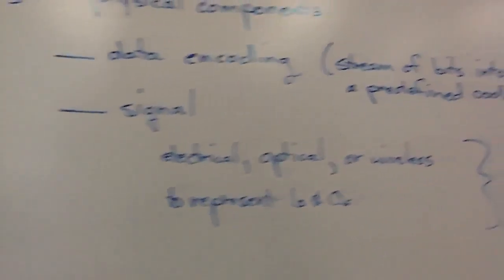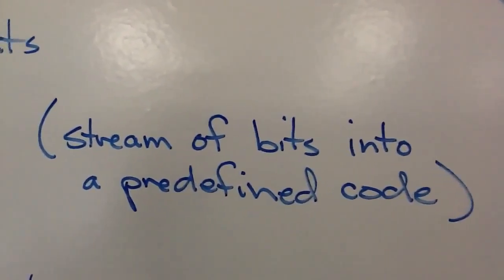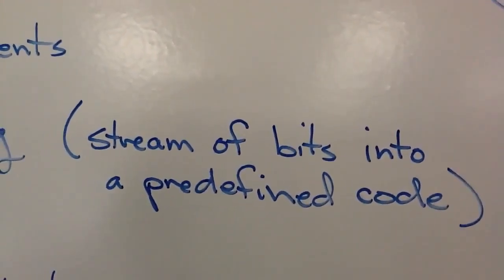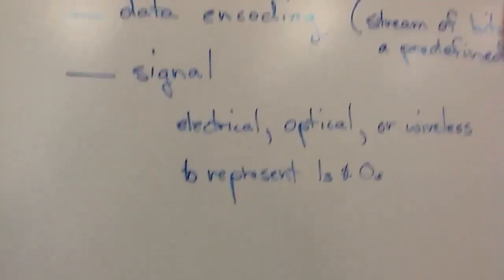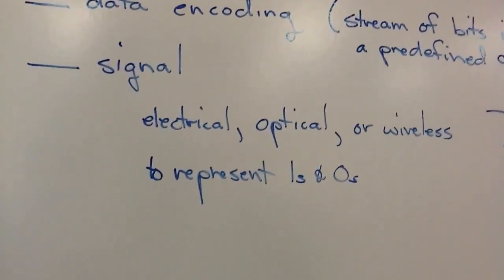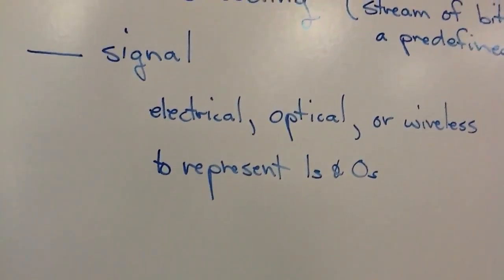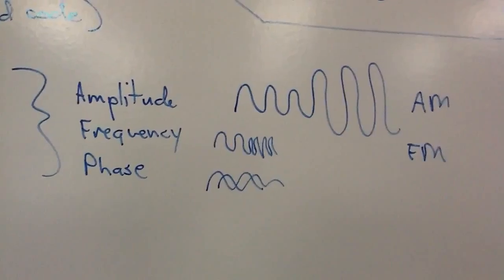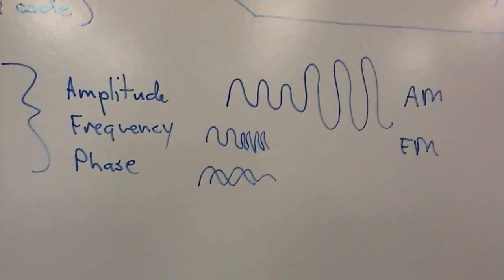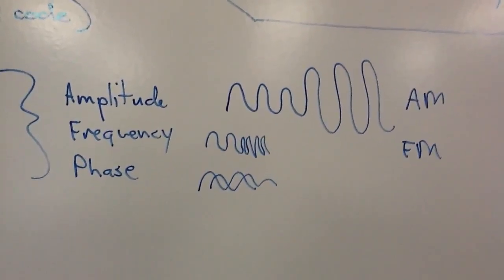Then data encoding. We need to take a stream of bits and put them into a predefined code based on some standard. And then we've got to figure out the signal. How are we going to use electrical, optical, or wireless to represent the ones and zeros? And I briefly showed a couple ideas on how we take signals and make them different. We can change the amplitude, and that's called amplitude modulation.